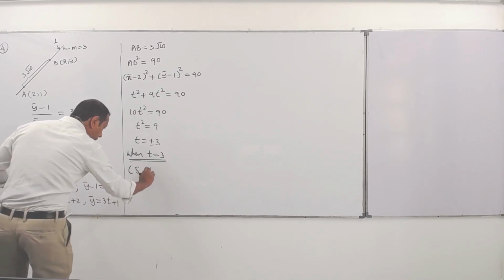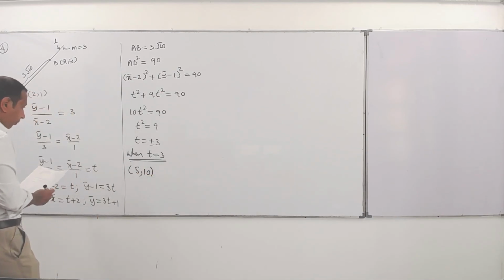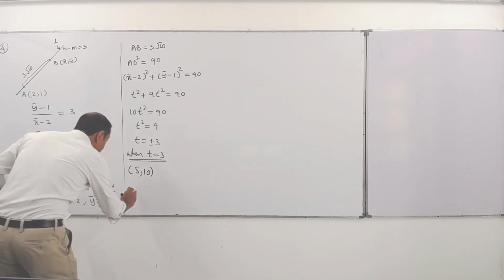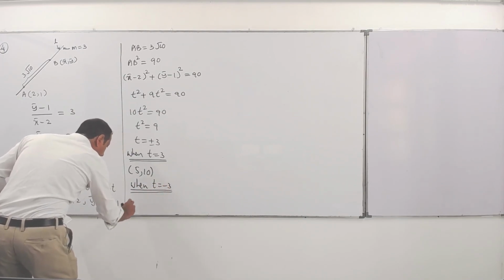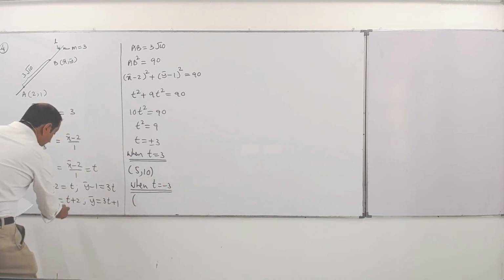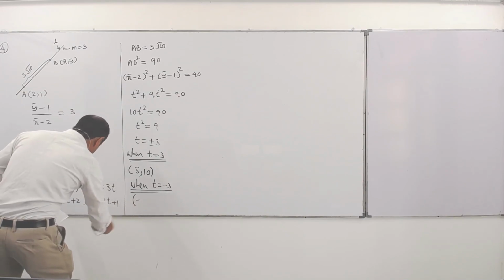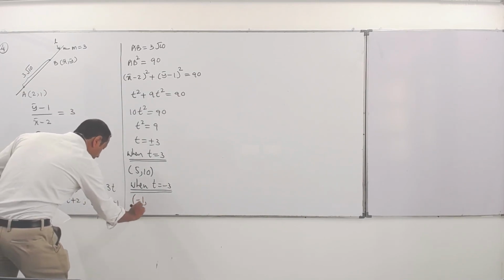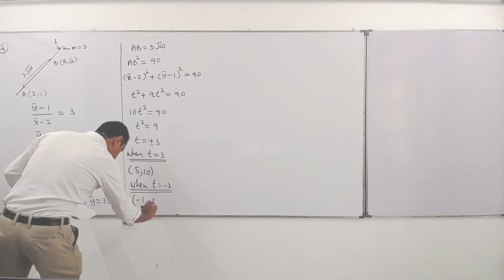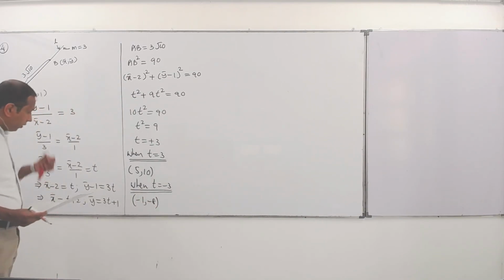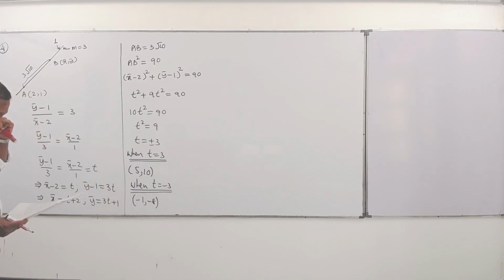Then one point is (5, 10). Secondly, when t equals minus 3, we get minus 1 and minus 8. This way, we get the 2 locations for the point B.